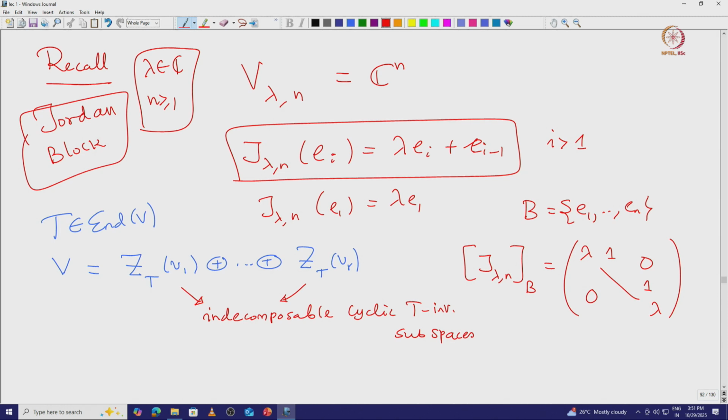So, this is what we get in Jordan normal form. Now if you think about it, each one of them corresponds to some Jordan blocks, like lambda 1 comma n 1 and so on, some lambda r comma n r.